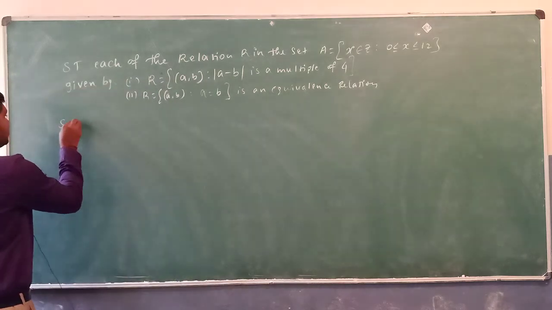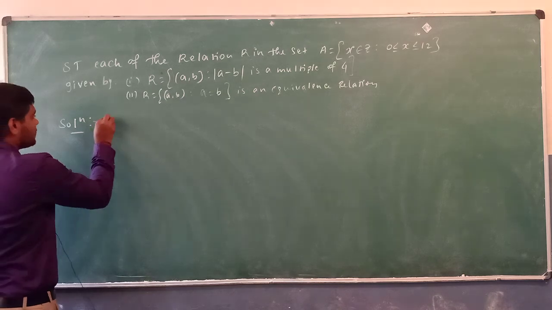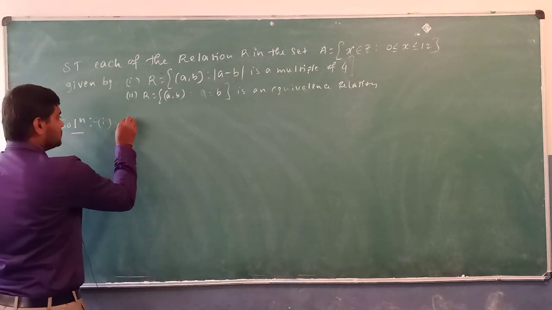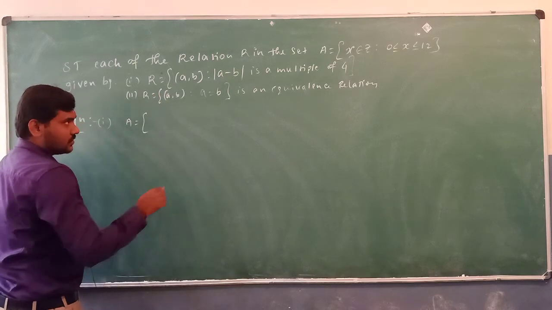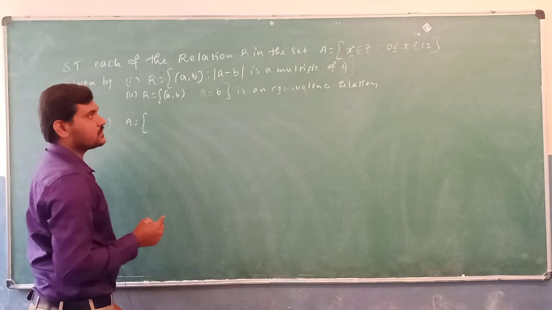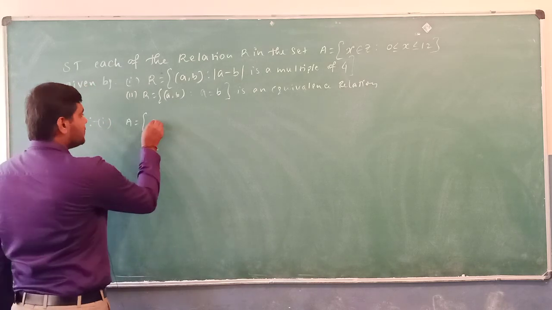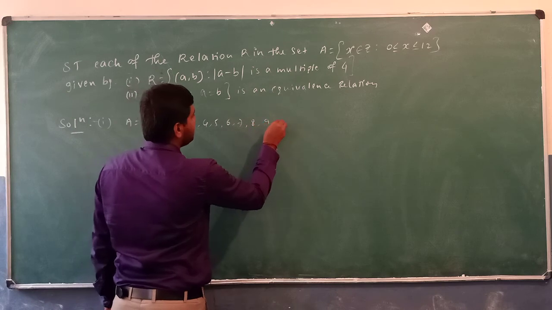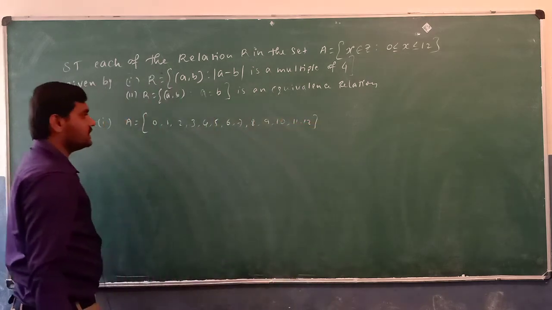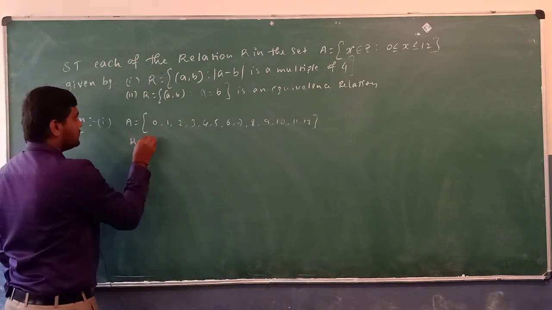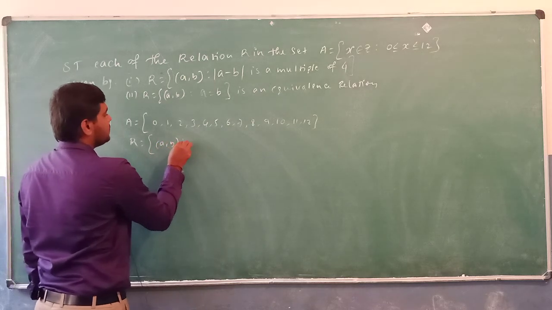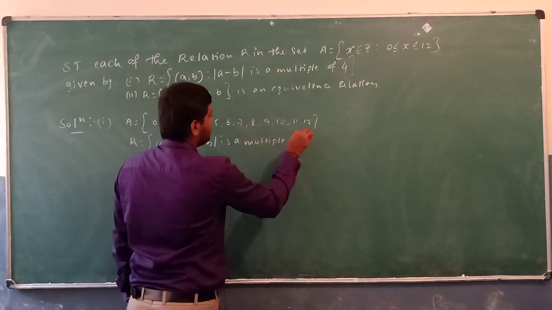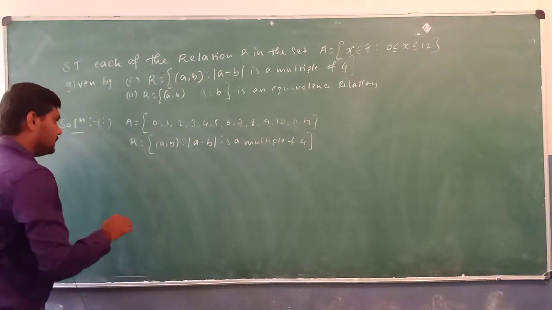Here the given A is equal to x belongs to Z such that x lies between 0 and 12. So it is 0, 1, 2, 3, 4, 5, 6, 7, 8, 9, 10, 11, 12. This is the given set A, and R is equal to (a, b) such that modulus of a minus b is a multiple of 4.